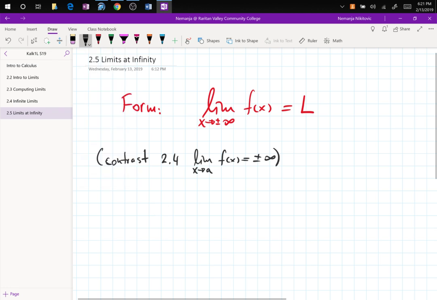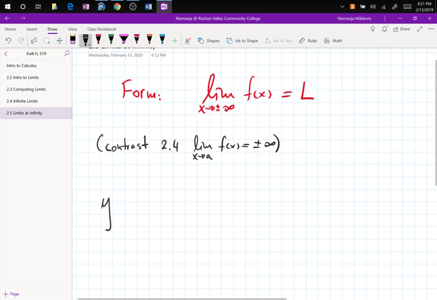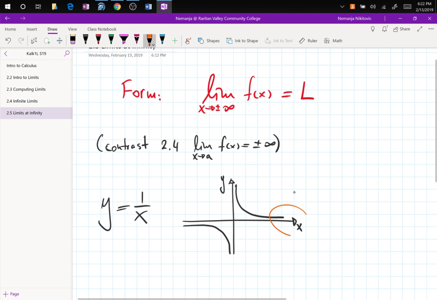But let's start first with y equals 1 over x. When you draw that function, I am observing this side of the graph, and what I see is that as x goes to positive infinity of 1 over x, the answer is 0.